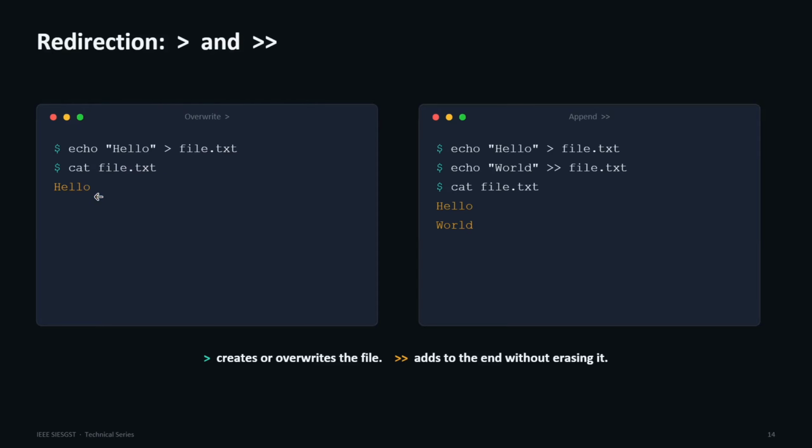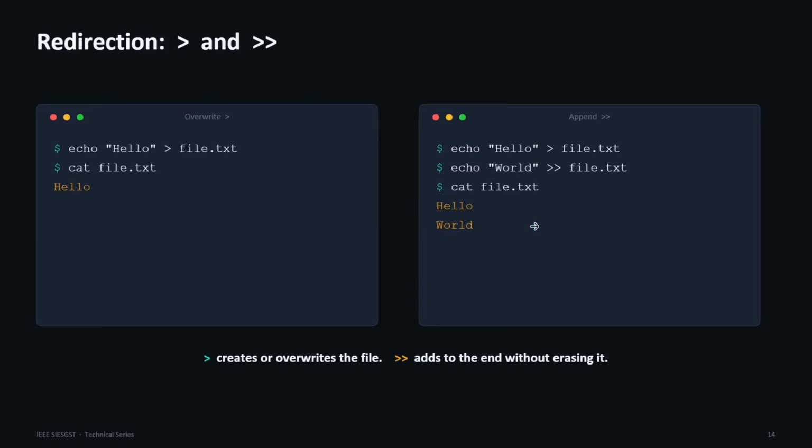Now if I run echo hello > file.txt again, followed by echo world >> file.txt, and then I want to see what is inside file.txt by using cat file.txt, this time you will get hello world.